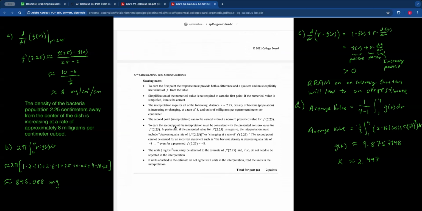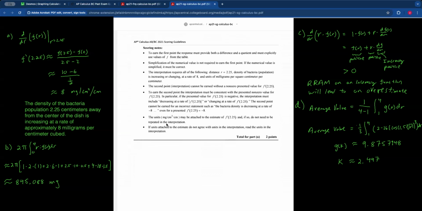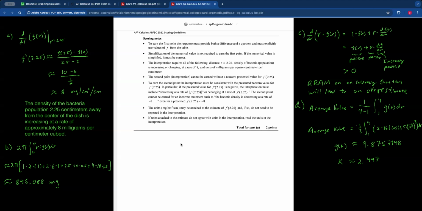That was really tricky. The units are milligrams per centimeter squared per centimeter. Maybe attach the units to the estimate, and if so, they do not need to be repeated in the interpretation. Basically, if you put it here, then you don't need to worry about it in your interpretation.